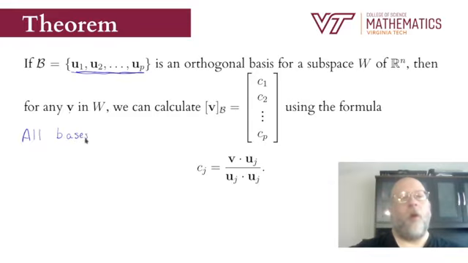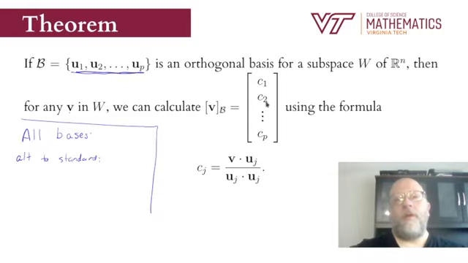This works for all bases. If we want to go from alternate to standard, we just had to multiply out a linear combination. Take the first coordinate times u1, the second coordinate times u2, the third coordinate times u3, and so forth. Just expand a linear combination.